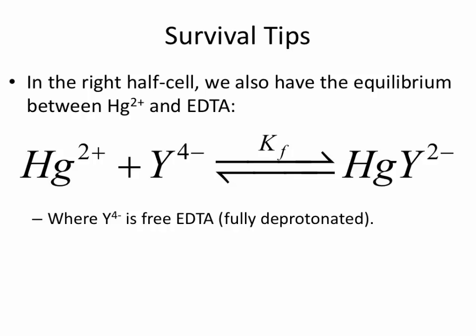Now, we're going to symbolize the EDTA here as Y4 minus to be the free EDTA. This is our fully deprotonated EDTA. So our formation reaction, where we add our mercury 2 ion to our EDTA to give us our mercury EDTA complex, has a Kf value, and this is the value we're trying to find.